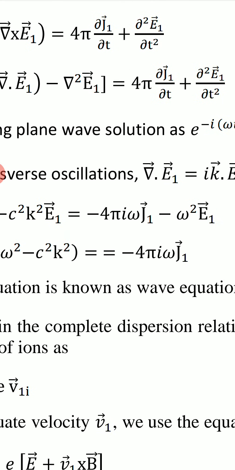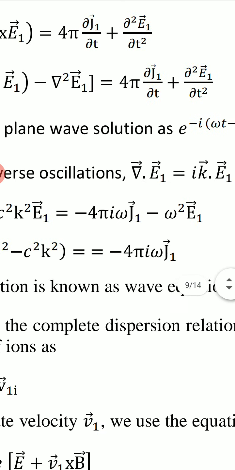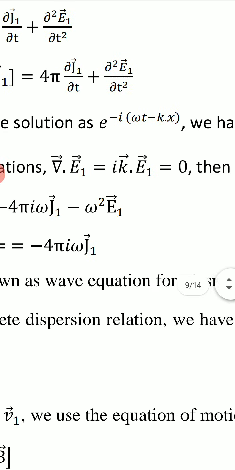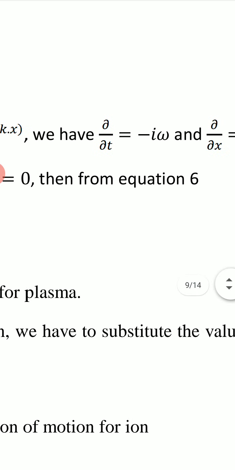And on the right-hand side we have minus 4 pi i omega j1, because for delta upon delta t we write minus i omega. In the second term of the right-hand side, which is two times differentiation with respect to t, we get minus omega square E1, because delta upon delta t is minus i omega.